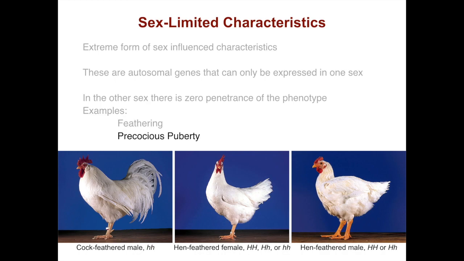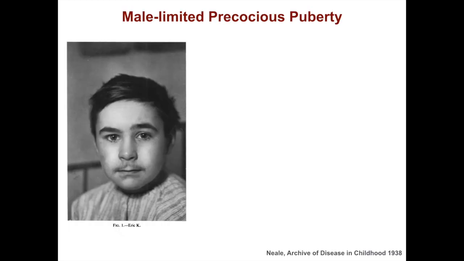Another example of a sex-limited characteristic is precocious puberty in humans. Precocious puberty is male-limited. Here we have a picture of a boy, Eric, who has been affected with this condition.